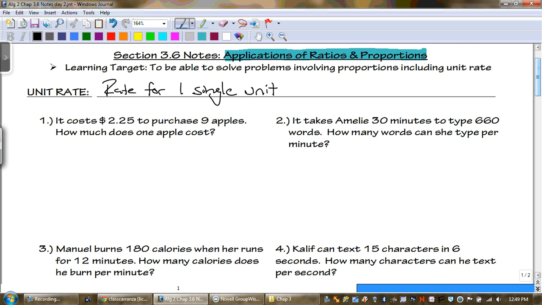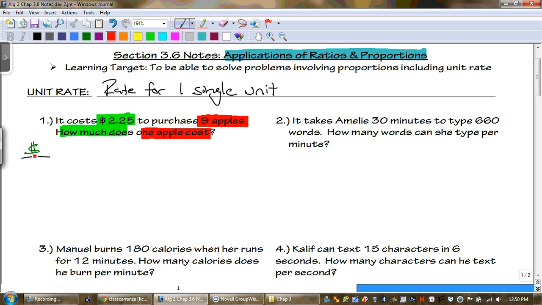Number one, it says it costs $2.25 to purchase 9 apples. How much does 1 apple cost? So the two things that we're talking about are money and apples. And they want to know how much does 1 apple cost? Okay, so the first thing they talk about is money.